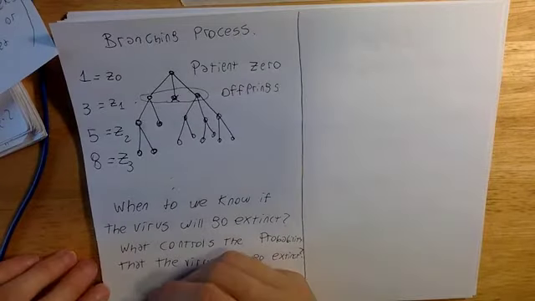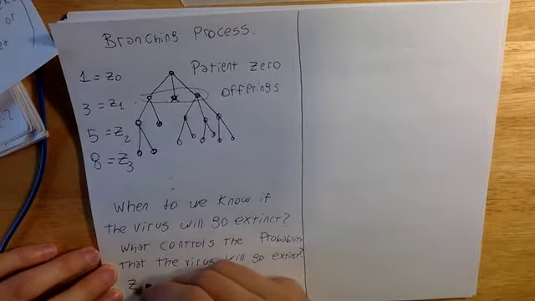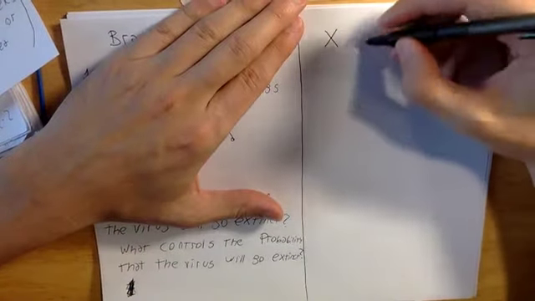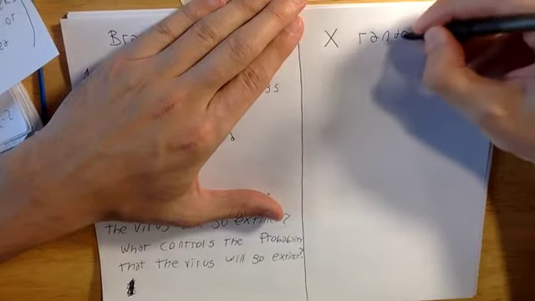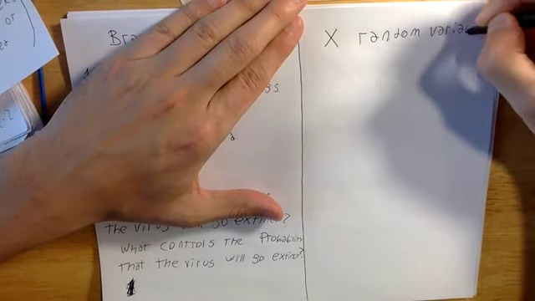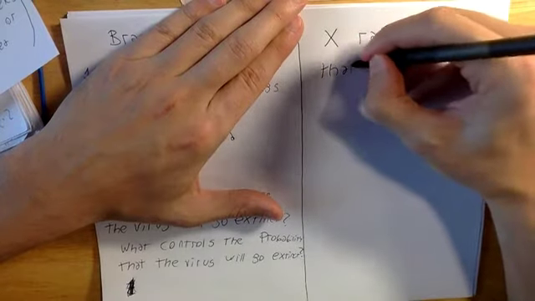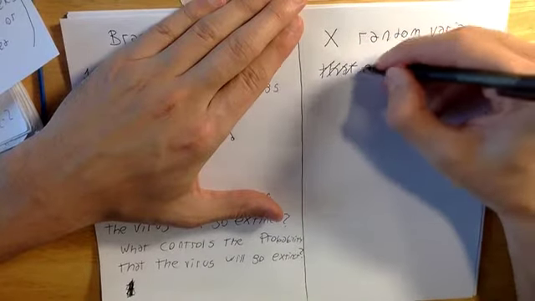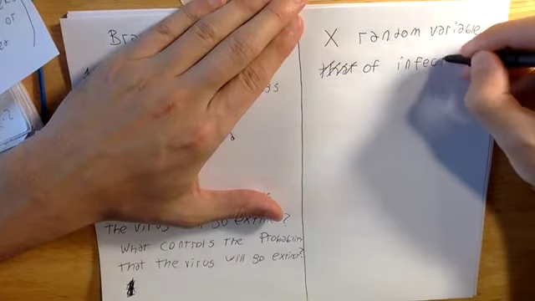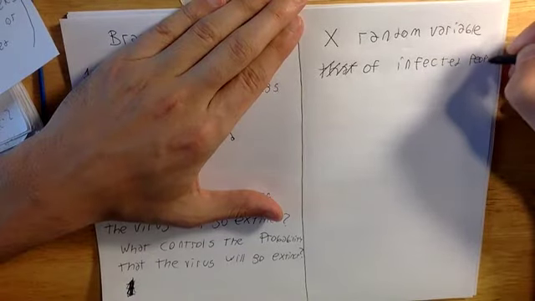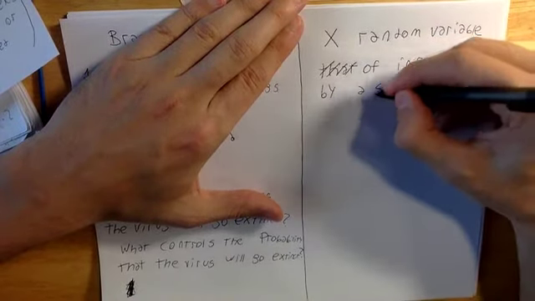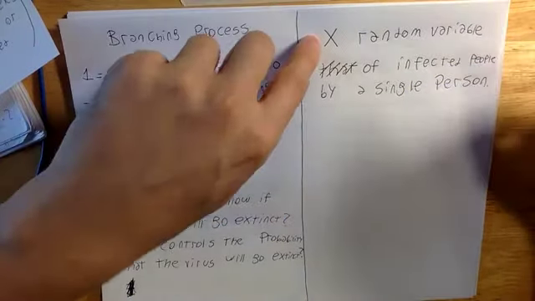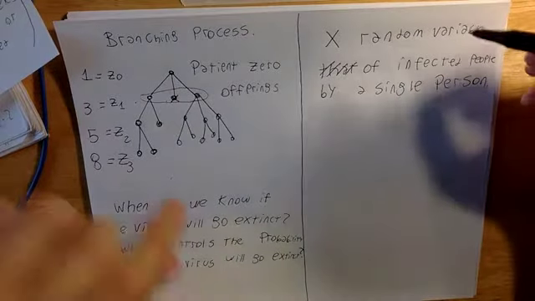So let's call X the random variable of infected people by a single person.